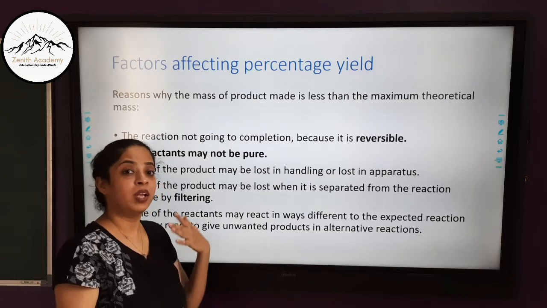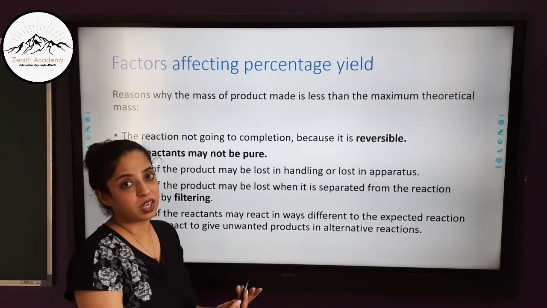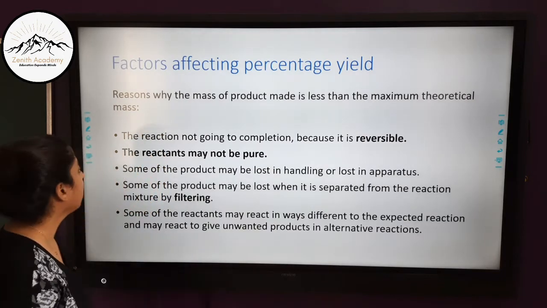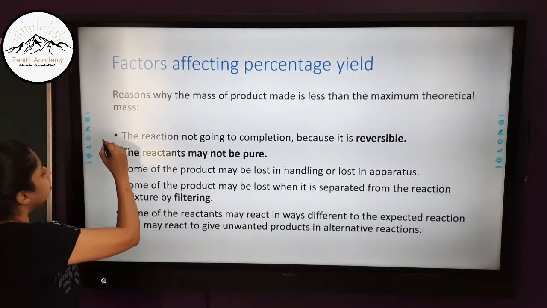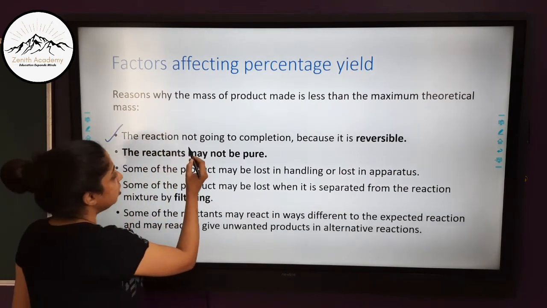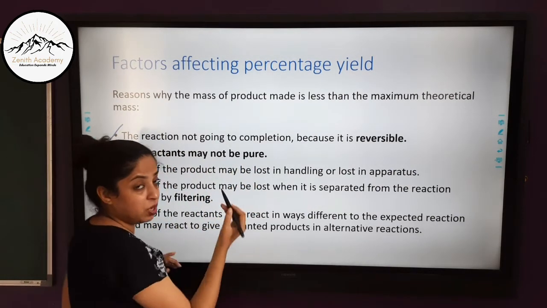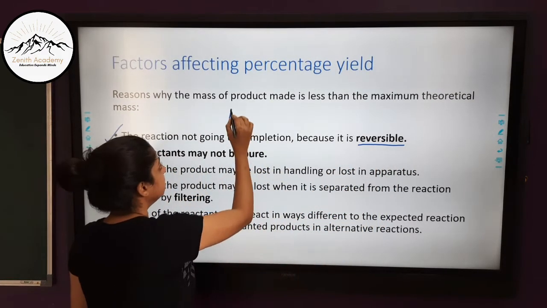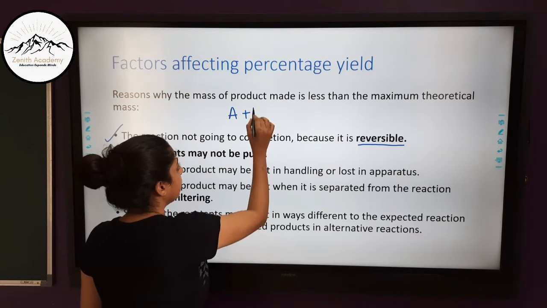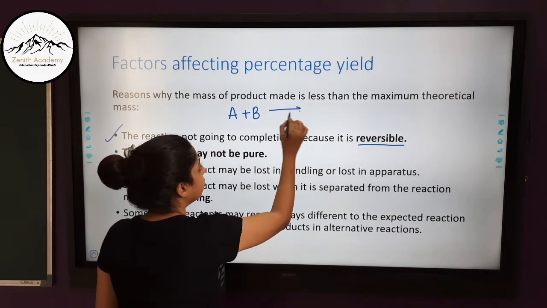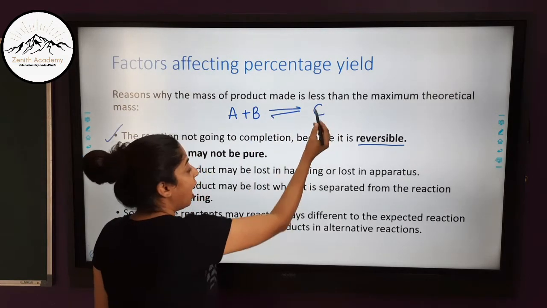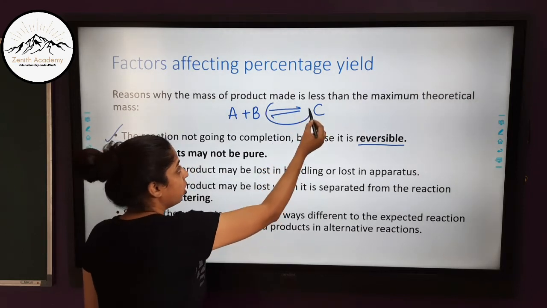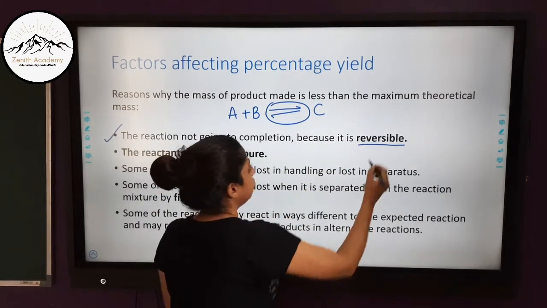I told you that the whole mass of the reactant does not get converted into the mass of product. So why does it happen? There can be many reasons. The first reason is the reaction not going to completion because the reaction is reversible. If there is a reaction like A plus B getting converted to C, you can check whether it is reversible by looking at the arrow.